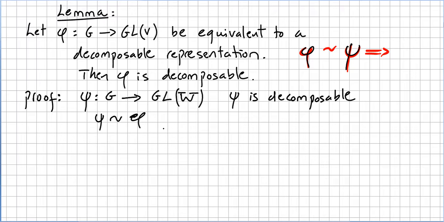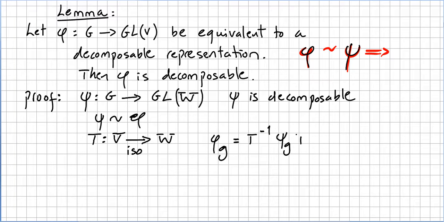So we have a transformation T from vector space V to vector space W, and of course this will be an isomorphism. For this to be an isomorphism, please check the previous videos. Since the representations are equivalent, we have the inverse of T.